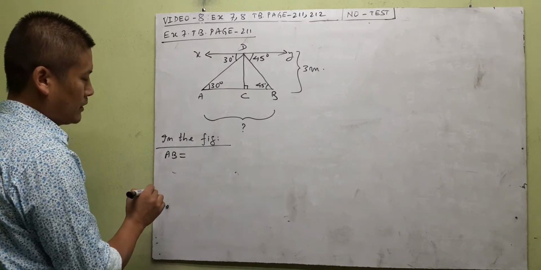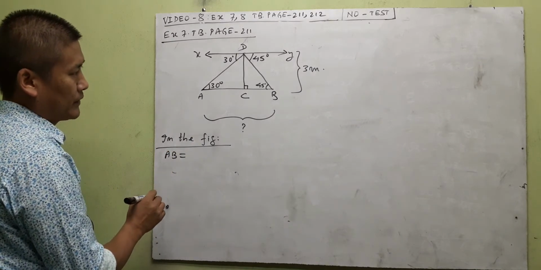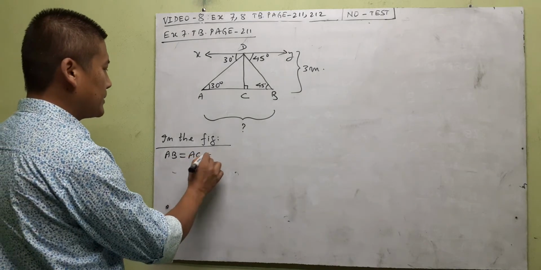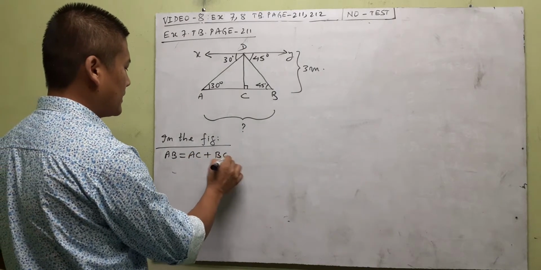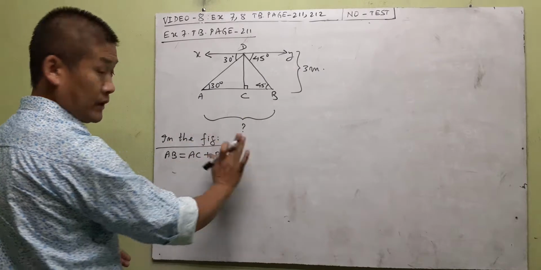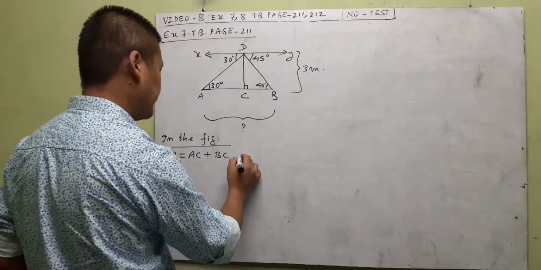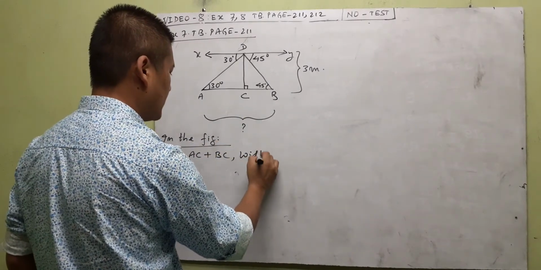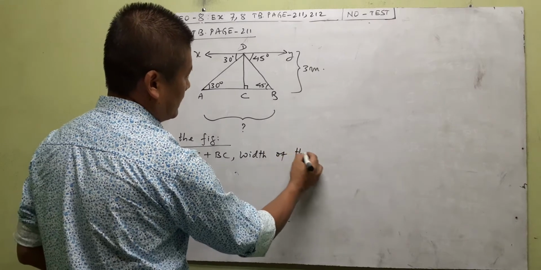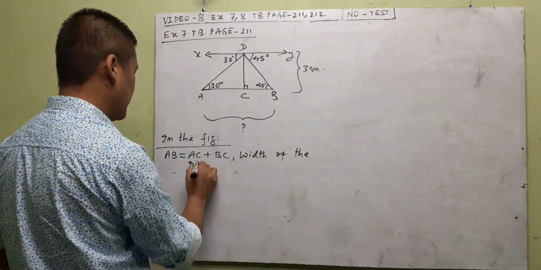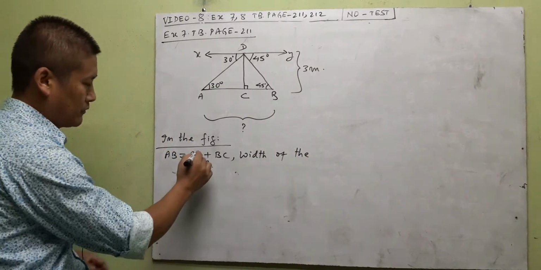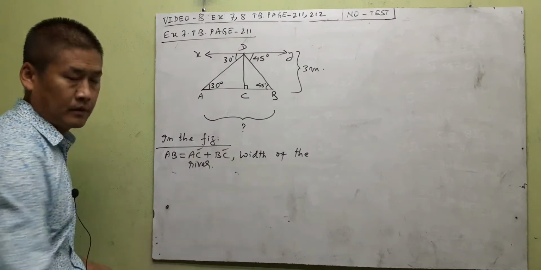To make it easy, maybe you can just write here AC plus BC. Means these two together, you'll get it. This is nothing but the width of the river that we need to find out. So we need to find this AC and BC.